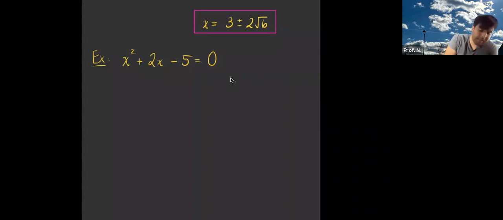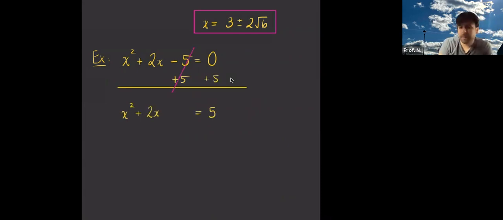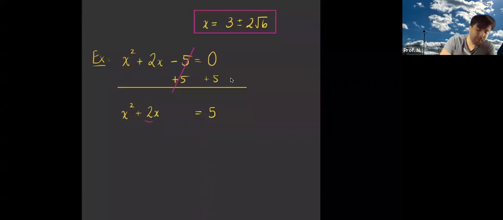So again, we have to add 5 on both sides first. The 5s here cancel, and I get x squared plus 2x equals 5. Then we look at the number in front of the x, which is 2.